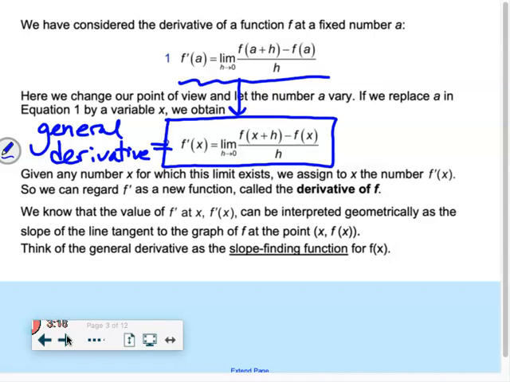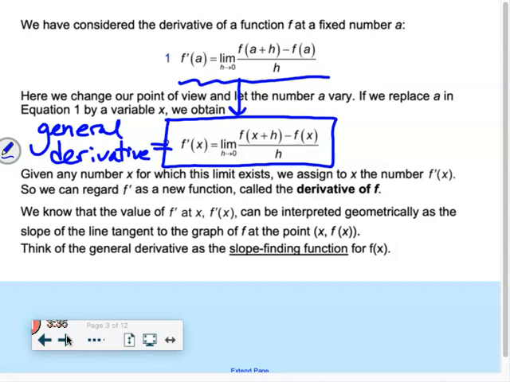Here, we keep the A as an X, and then it just stays X throughout the whole limit. And then in the end, your answer will actually have an X in it, and then you can plug numbers in for X and get the slope at any point. That's called the general derivative.